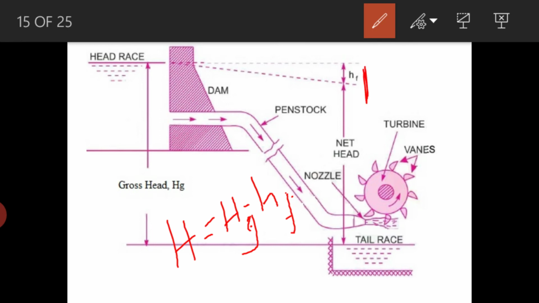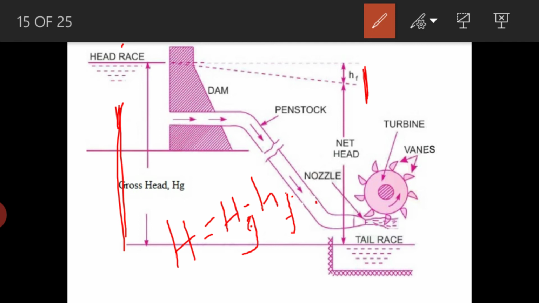So before allowing water to flow into the penstock, this was the head available, the gross head, that is, the difference between the head race level and the tail race level. As the water starts flowing through the penstock, because of friction some losses will occur.